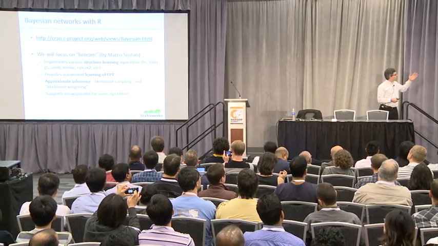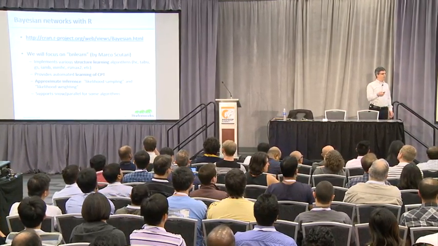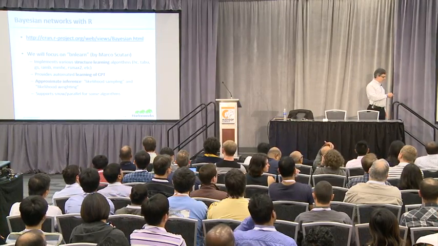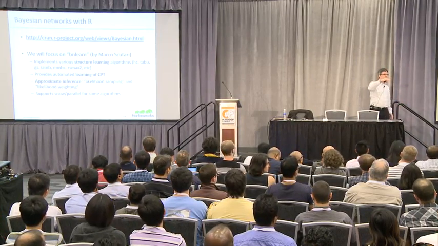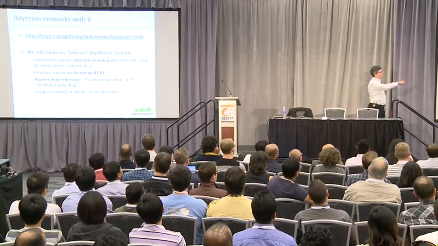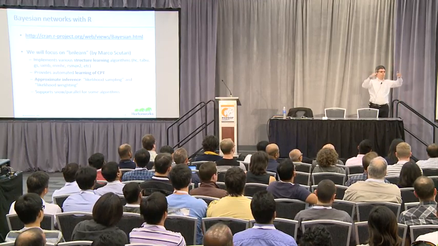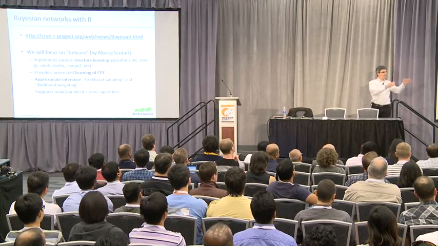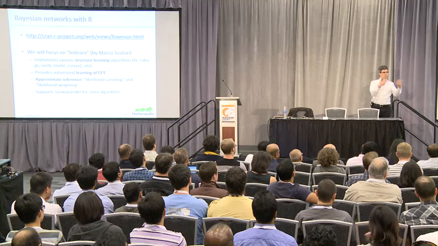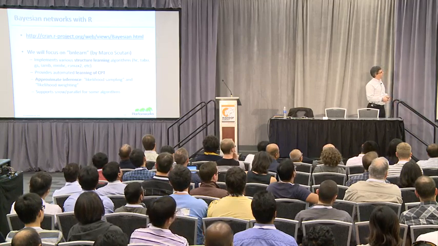The reason I chose it is because it's really nice, well developed, and keeps being updated. It allows you to do a lot of the different steps of building a model, starting with structure learning. If you know the expert knowledge and what the arrows need to be, you can use that, but it also allows you to learn the arrows automatically from data. We'll talk about structure learning.